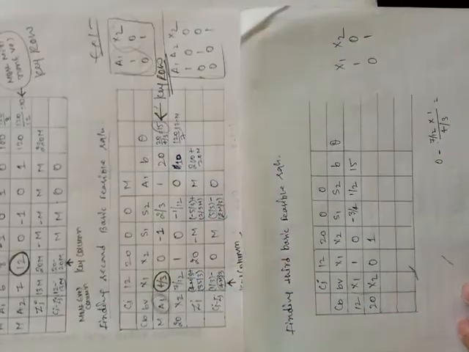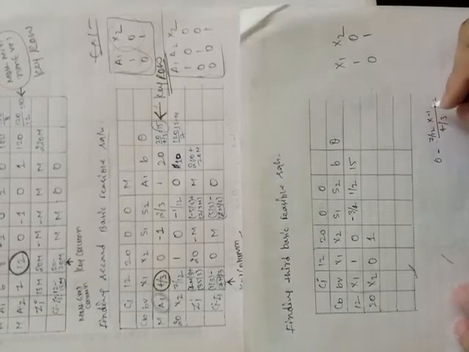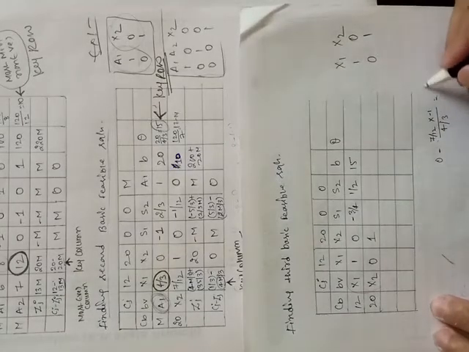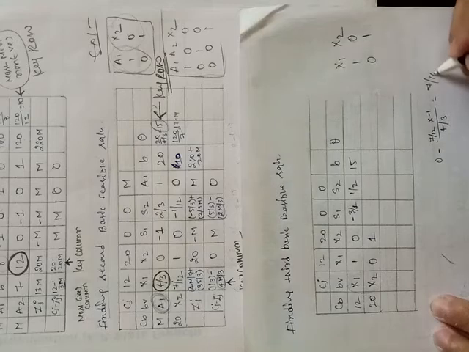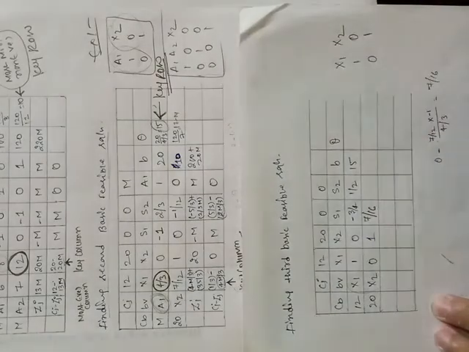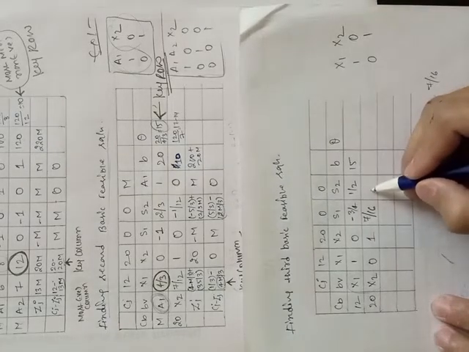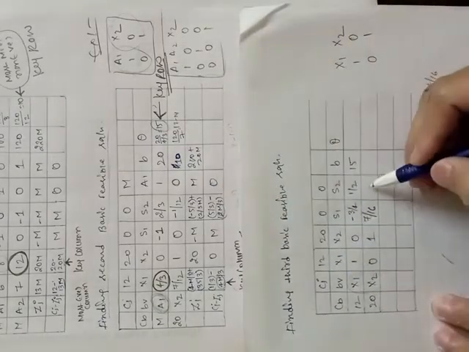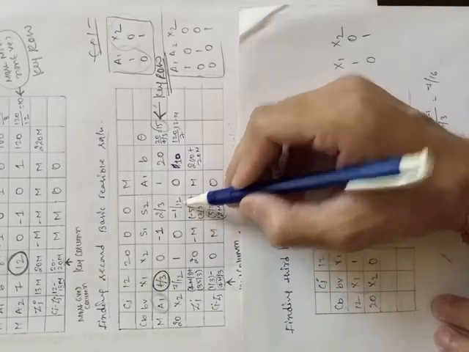Key element is 4 by 3. So this is -1, so it will be 7 by 16. 7 by 16. Again for the s2 column, see in the previous block, that is -1 by 12.